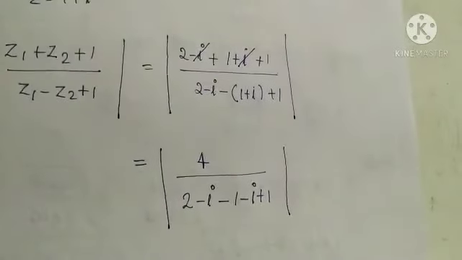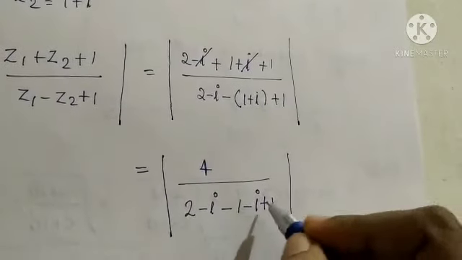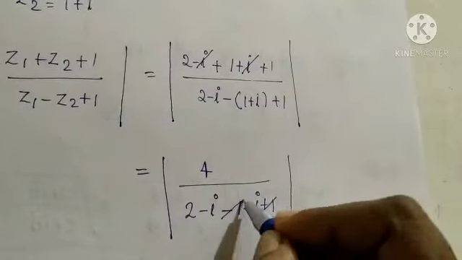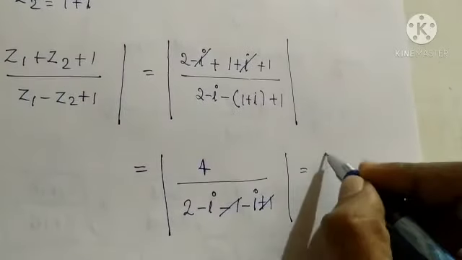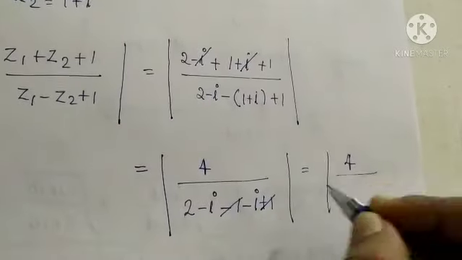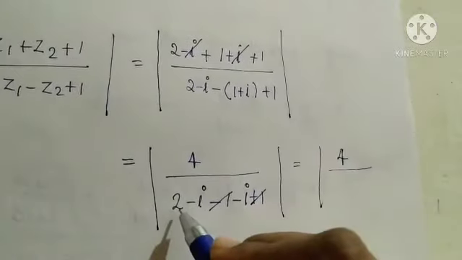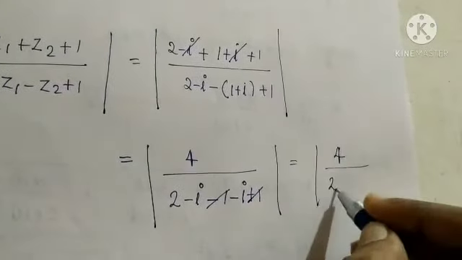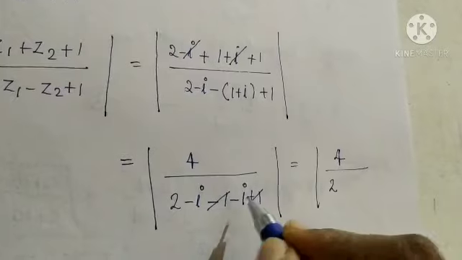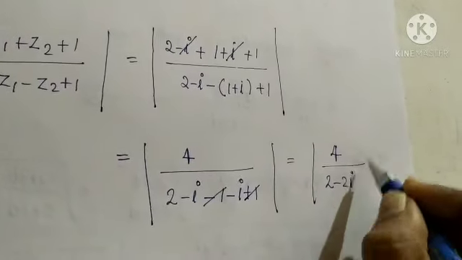And if you observe the denominator, plus 1 and minus 1 will cancel each other, and the remaining part will be 2 minus i, which will become minus 2i.